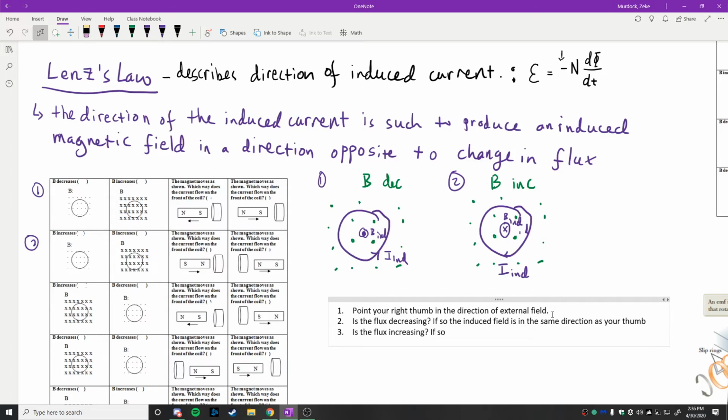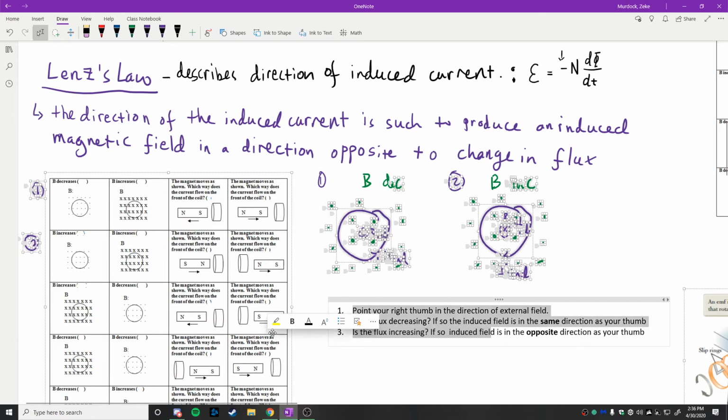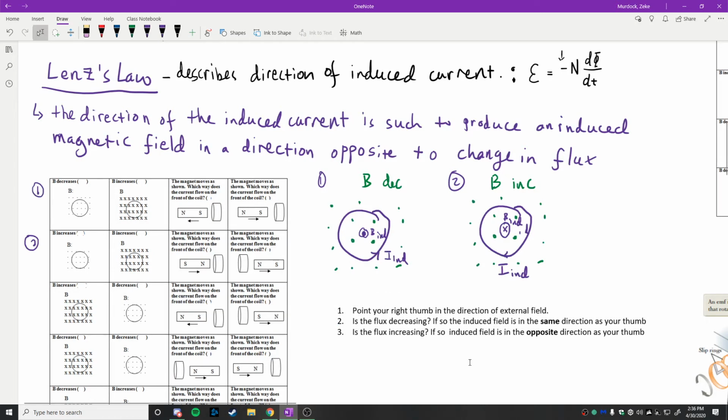And if so, the induced field is going to be in the opposite direction as your thumb. So in this case, it's going to be same. In this case, it's going to be opposite. That's it. That's Lenz's law.